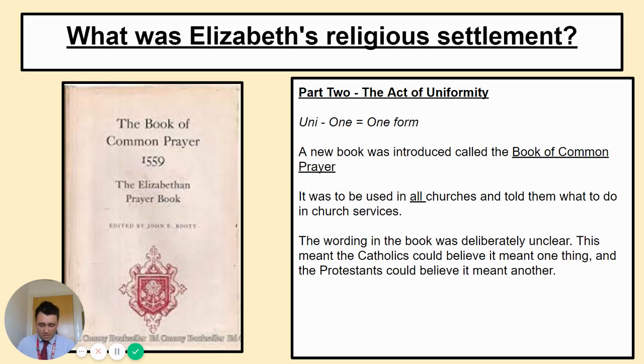And they would say, okay, no, this makes sense. This is correct for our Protestant religion. So by making the words in the book quite vague, it meant the Catholics could interpret this one way, and the Protestants could interpret the same words a different way, and both groups would be happy with this.